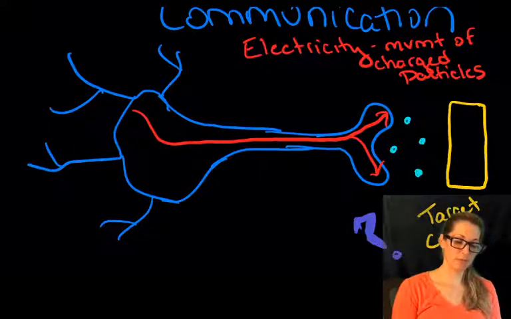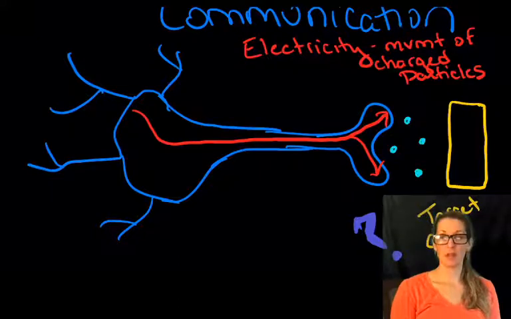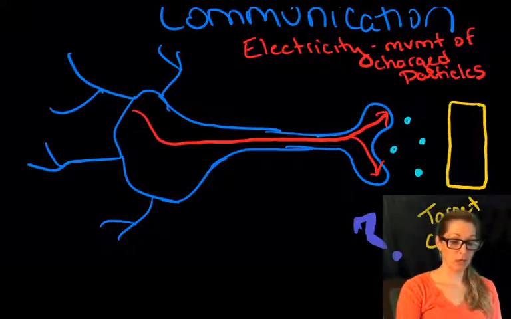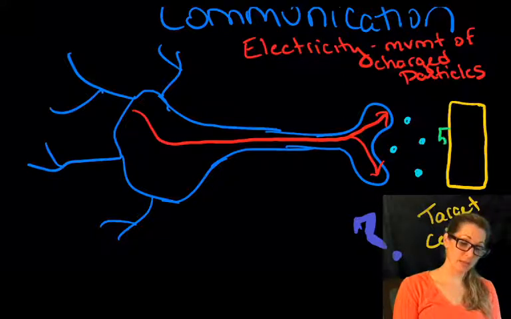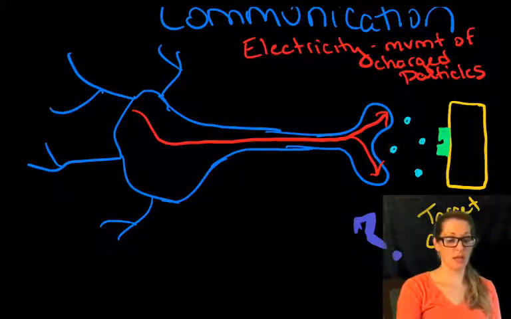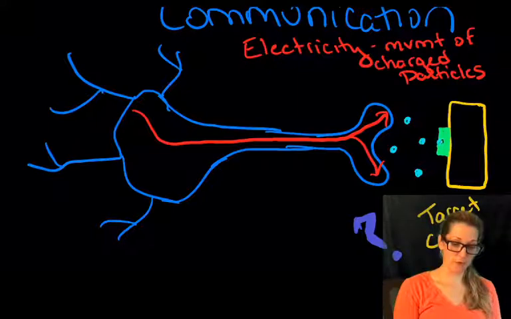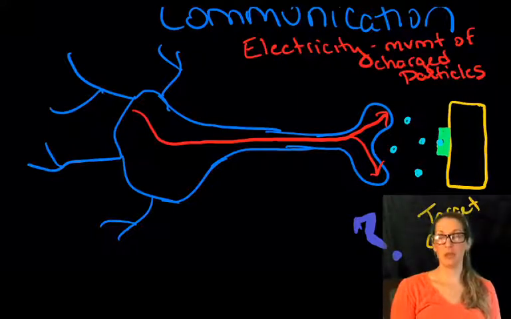What does it have to have? Target cell, boom, has to have a receptor, right? It has to have the right receptor for the neurotransmitter that's being released from that neuron.